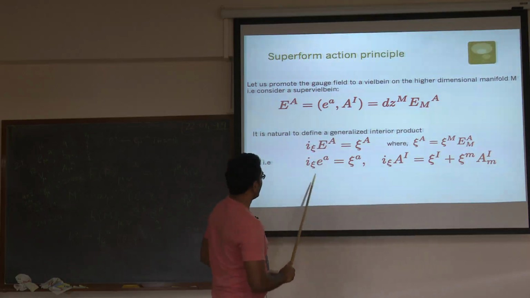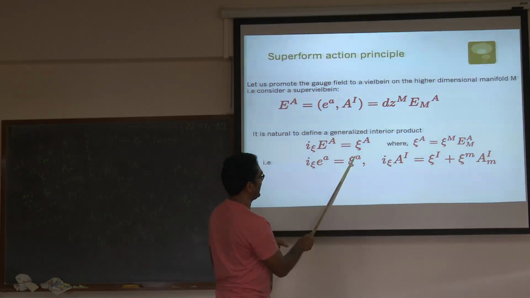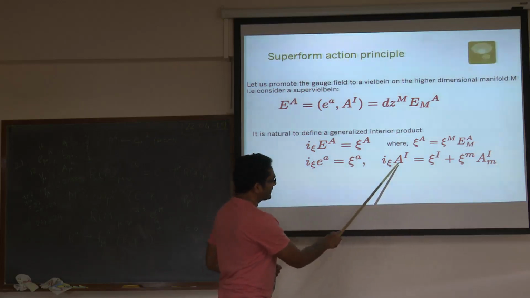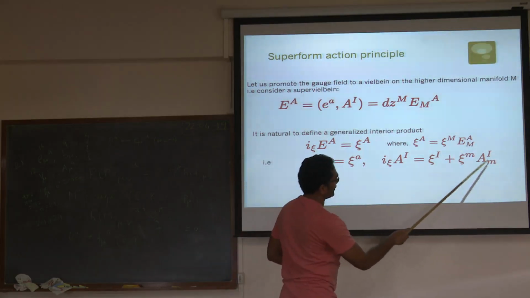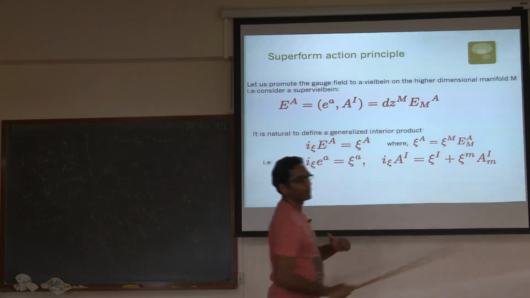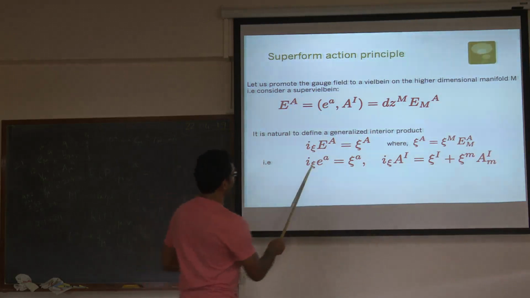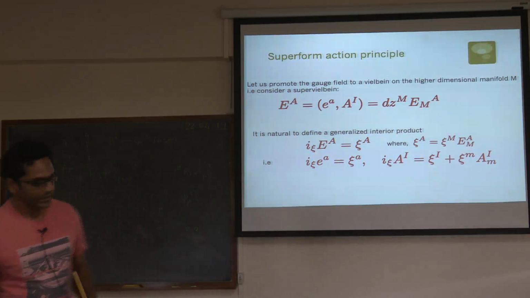In that sense, if you define the interior product of this vielbein, it is just xi^a, which has only diffeomorphism in the smaller submanifold, and for the gauge field, you have the usual interior product that you have for diffeomorphism on the submanifold, but you also have the gauge parameter. So, these are the interior products of the vielbein and the gauge field.